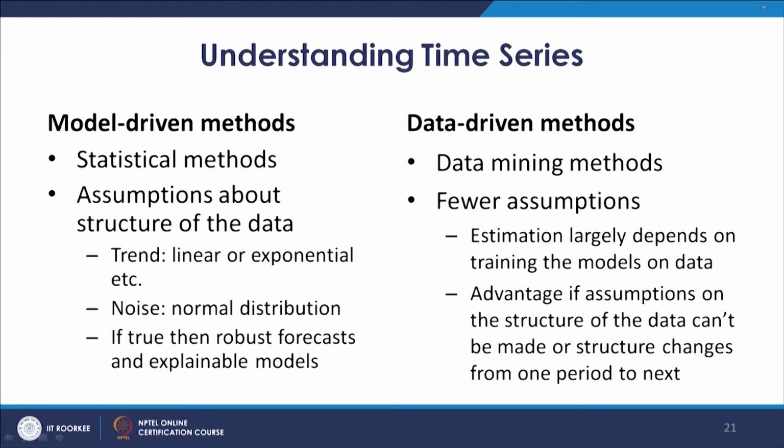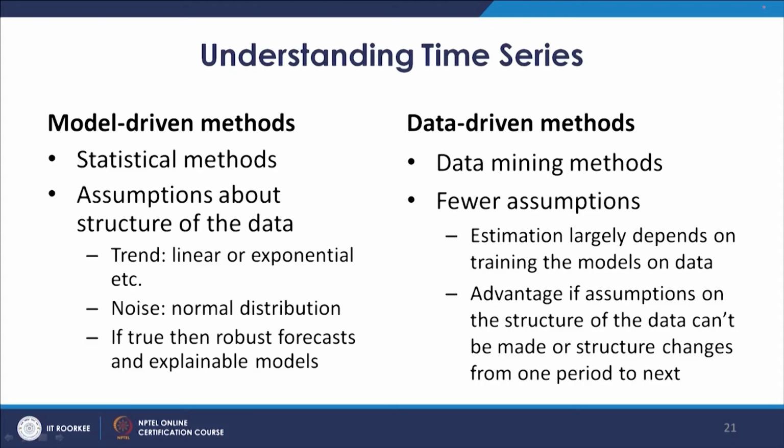Then there are explainable models. Because we are assuming a structure for the data, the relationship can be quite clearly specified and explained. So, these are some of the advantages. We make certain assumptions, but if these assumptions are met, then we have robust forecasts, and the models can also be explained.